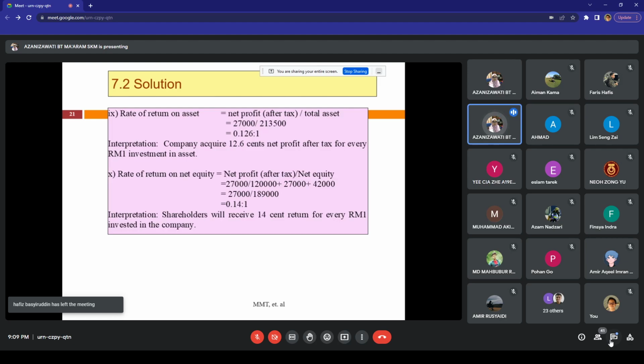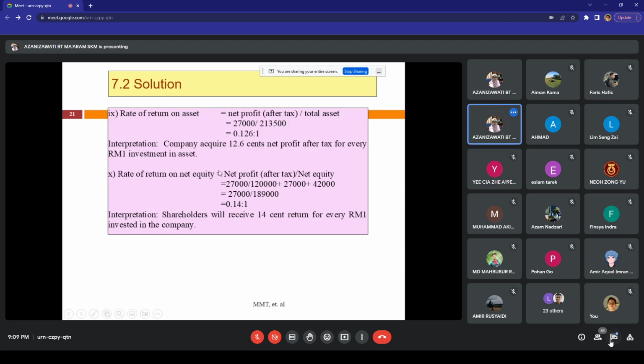So this interpretation is based on the name of the ratio, and if not, you have to refer to the formula. For example here, net profit after tax divided by total asset. Meaning for every 1 ringgit of total asset, that is what you gain as net profit after tax.